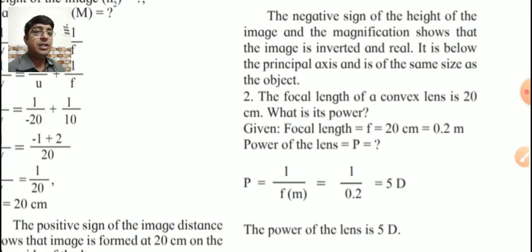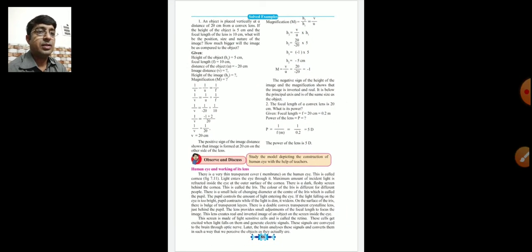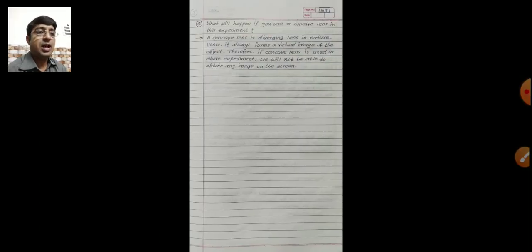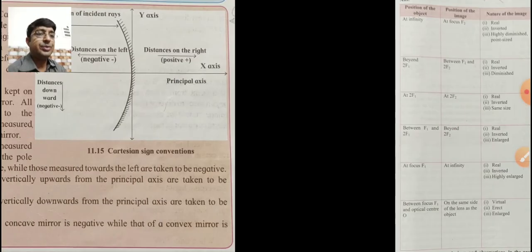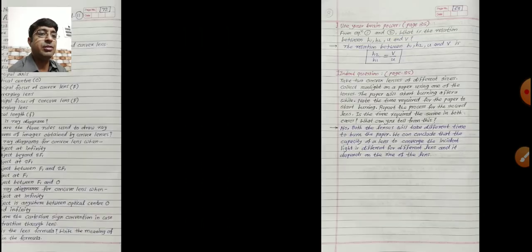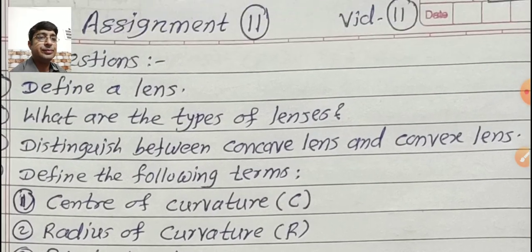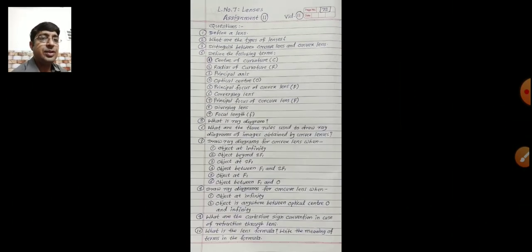So in this way, today we start this lesson number 7, lenses, and we learned some basic terms in detail. At the last I will show the assignment questions also. So you take a screenshot of this page.